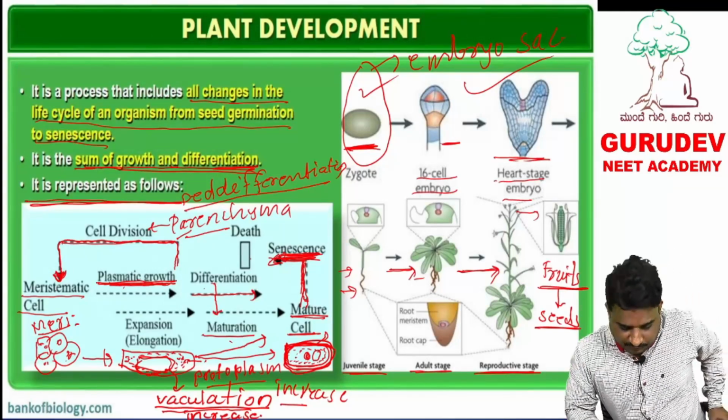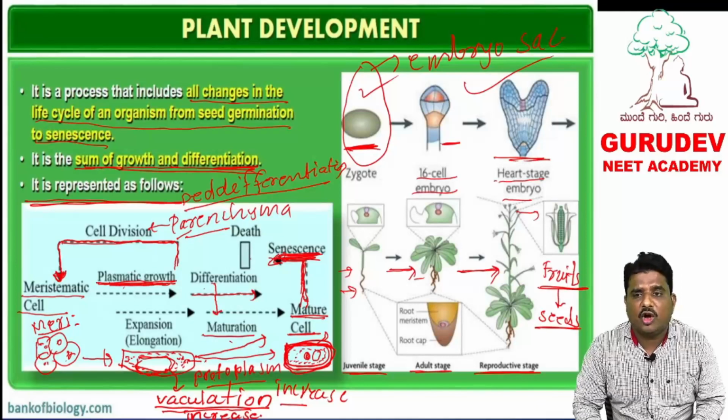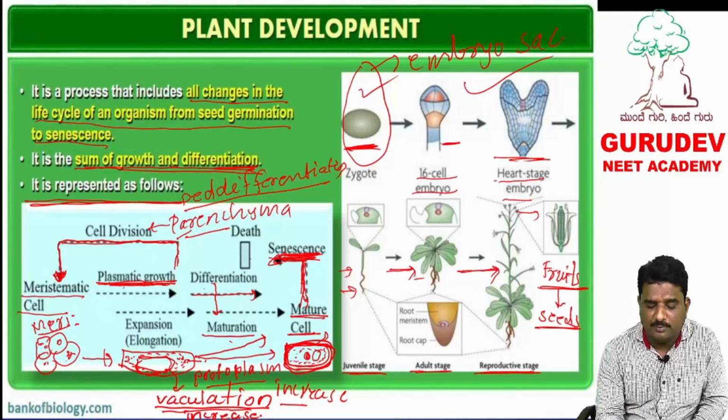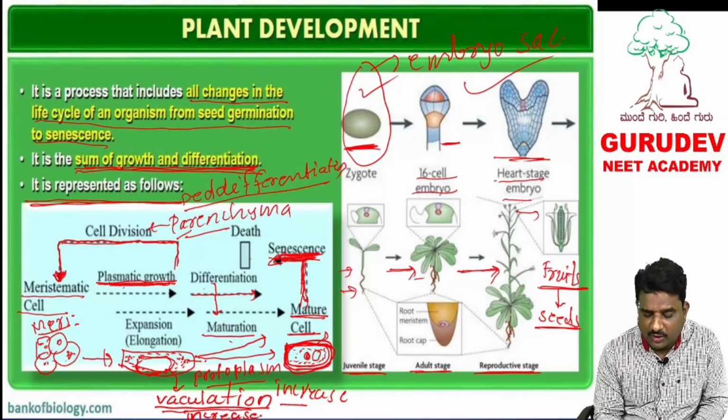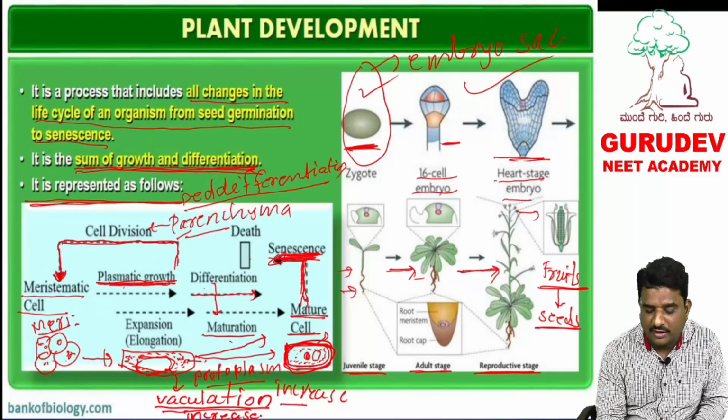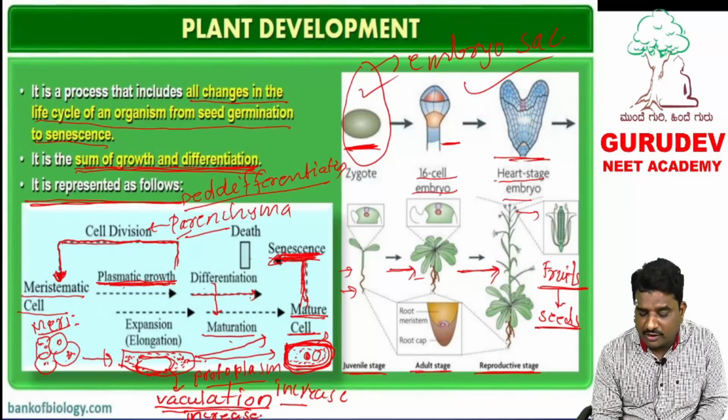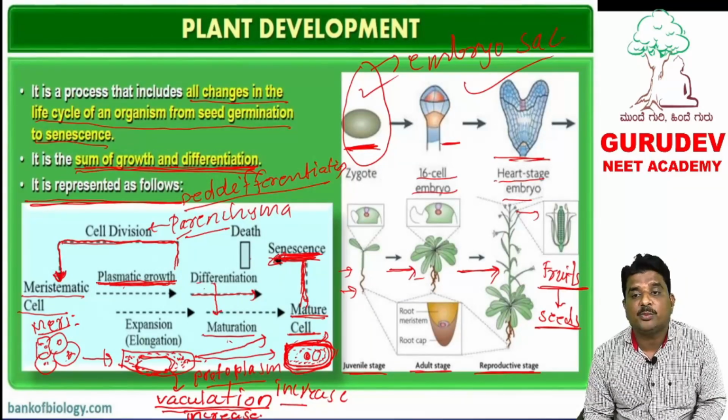So this is the diagrammatic representation of the development process. That's why development is nothing but growth and differentiation. Plasmatic growth means vacuole and cytoplasm growth happens. Differentiation means maturation, that means the cell becomes mature, permanent, and the cell wall becomes thick. That is called differentiation, referred to as the maturation process.